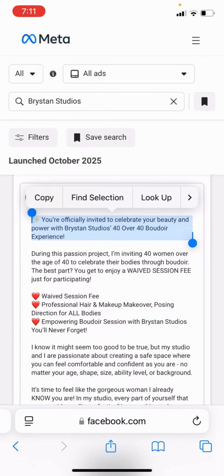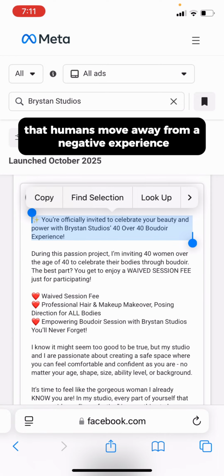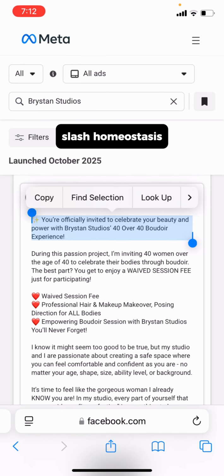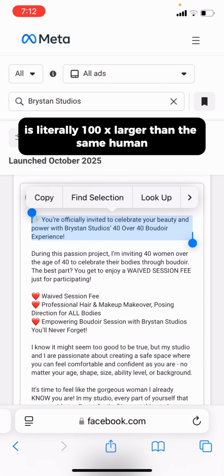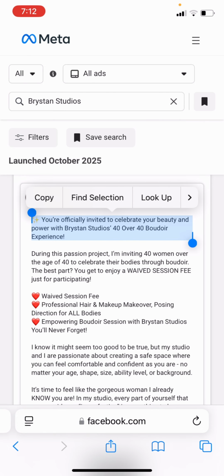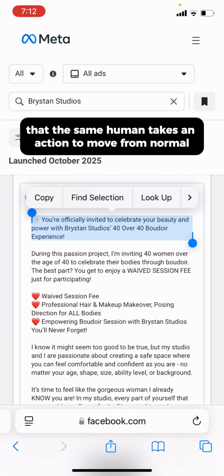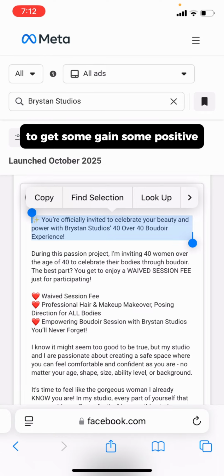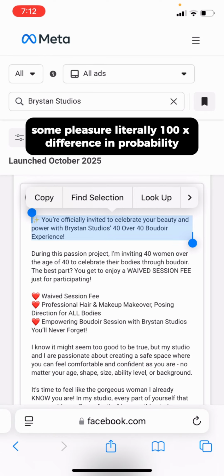Here's why. The probability that humans move away from a negative experience, aka pain, and take an action to get back to normal, no pain, homeostasis is literally 100x larger than the probability that the same human takes an action to move from normal, no pain, homeostasis to some positive, to get some gain, some pleasure.